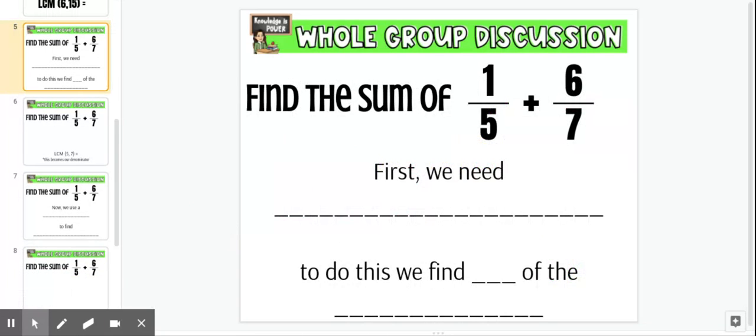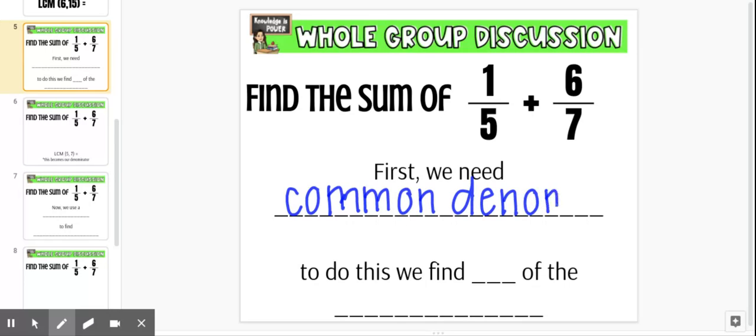All right, so now we are going to find the sum of 1/5 plus 6/7. But first, before we can do that, we need common denominators. When you add or subtract fractions, you have to have a common denominator in order to do that.